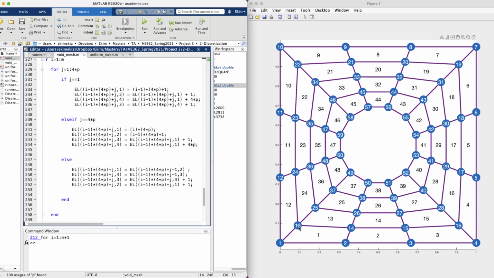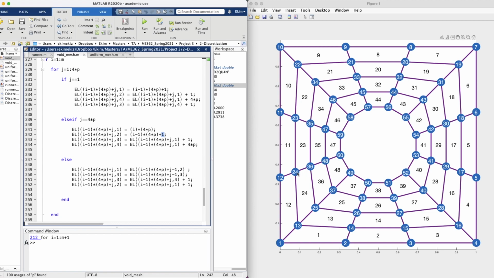Because of that, we have I minus 1 times 4p. Now we had I times 4p, so I minus 1 times 4p brings us to the previous row of nodes, and we add 1 to that.